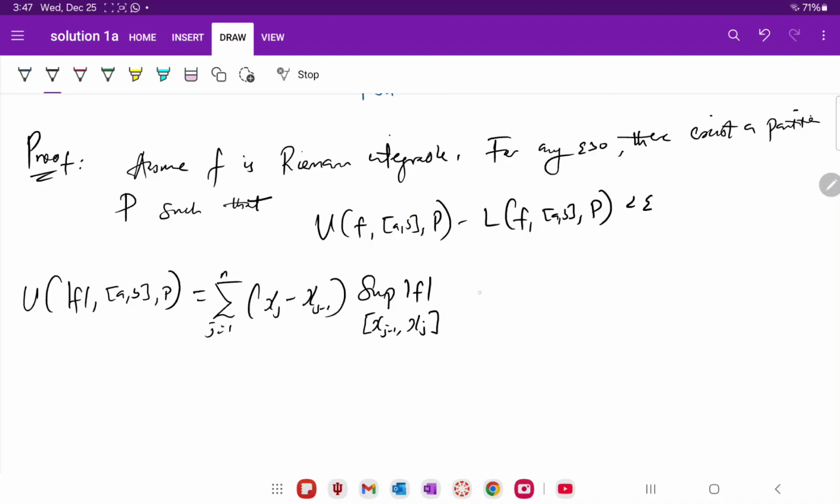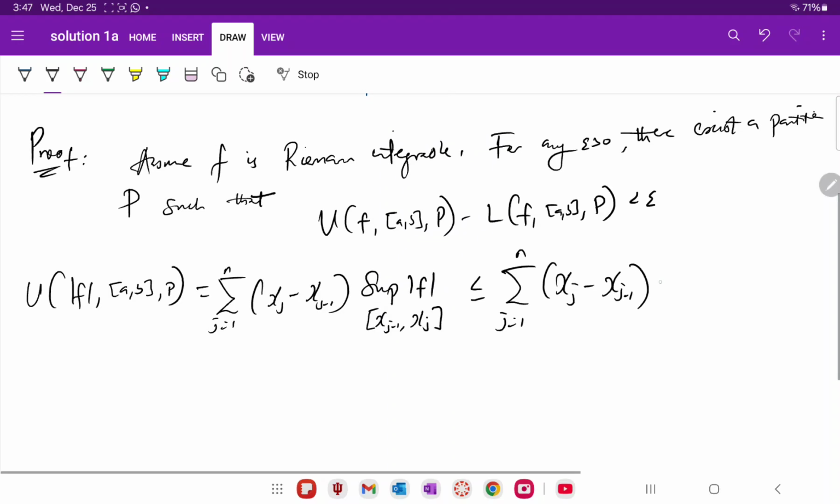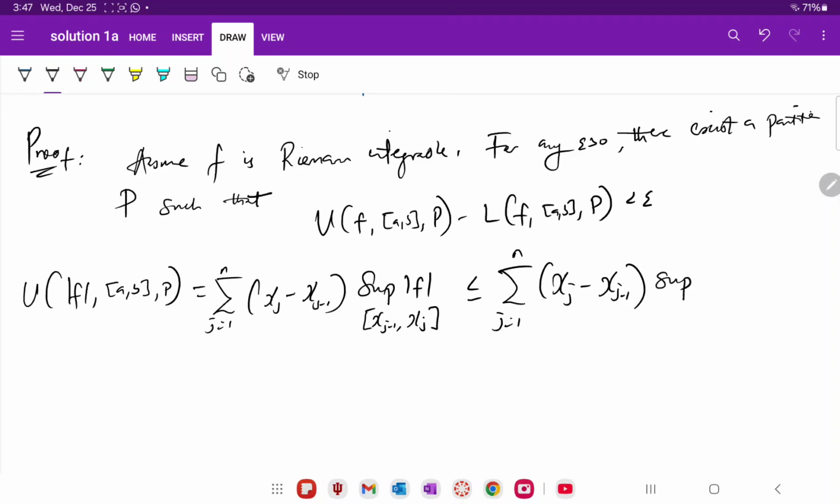So by the properties of the supremum, this will be less than or equal to the summation from j equals 1 to n of s_j minus s_{j-1}, times the sup of f.